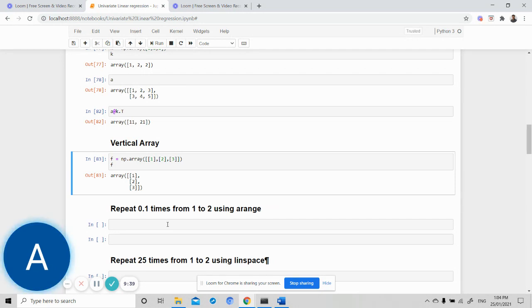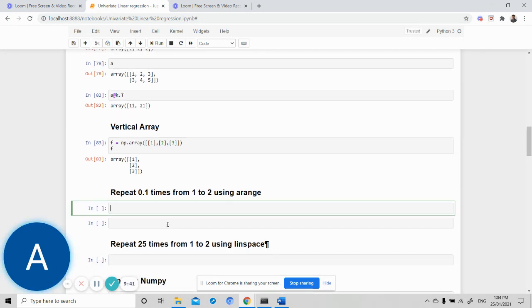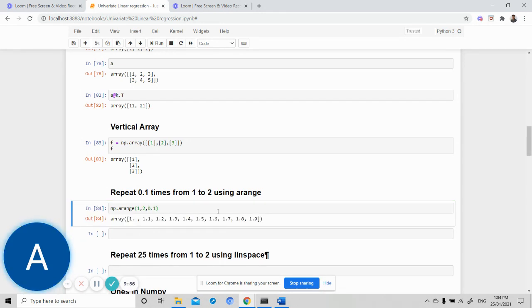Now if we need to repeat some numbers, suppose from 1 to 2, we can use np.arange. One thing to note is that from 1 to 2, the last one is not included, so 2 is excluded.